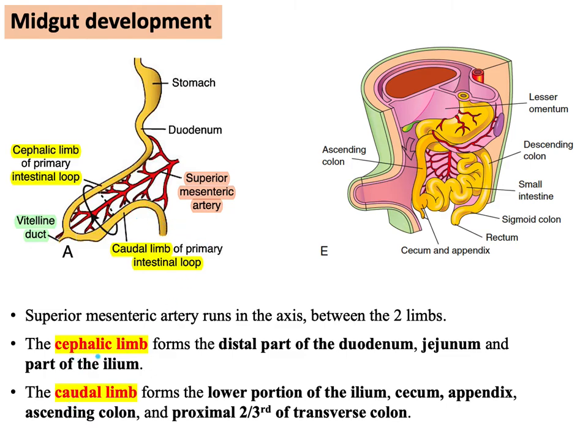Okay, so the cephalic limb forms the distal part of the duodenum, jejunum, and part of the ileum, while the caudal limb forms the lower portion of the ileum, cecum, appendix, ascending colon, and the proximal 2/3 of the transverse colon.